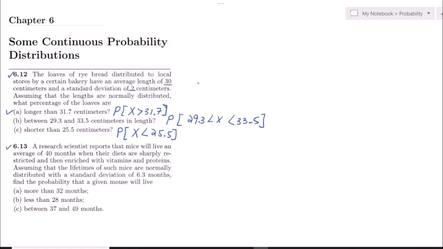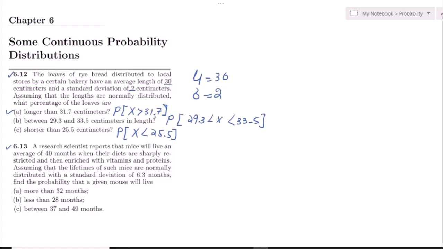It should be known here that the value of mean is 30, and the value of sigma, the standard deviation, is 2. All of these quantities are in centimeters.